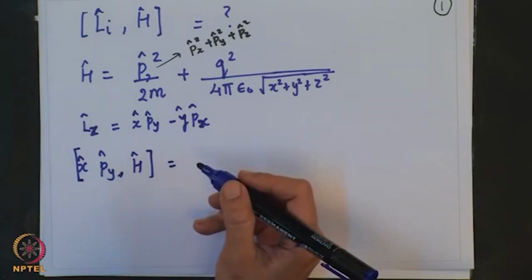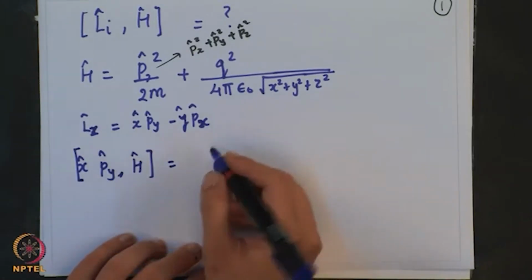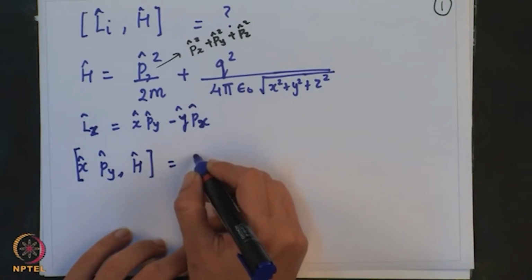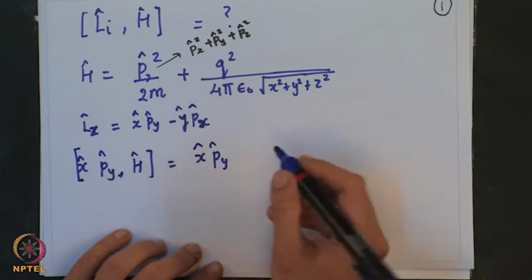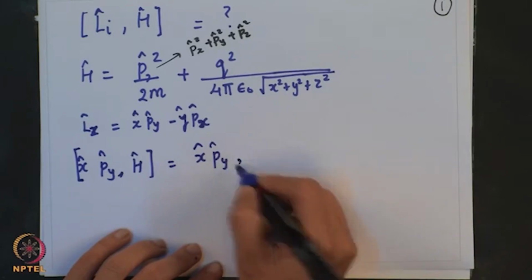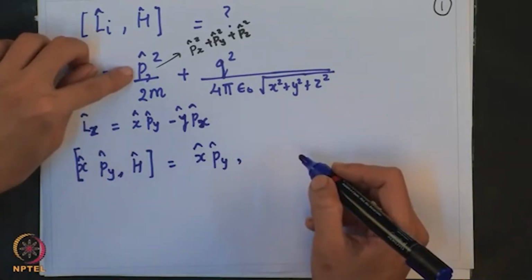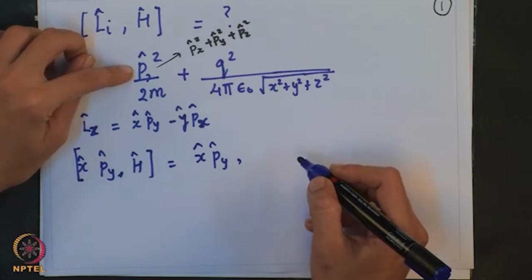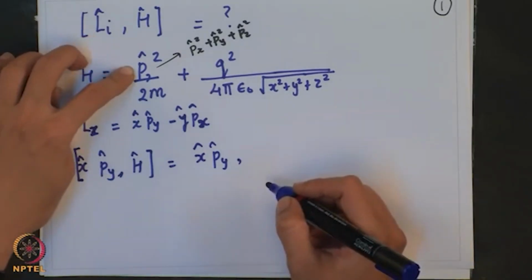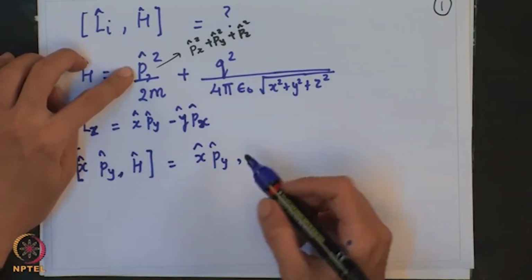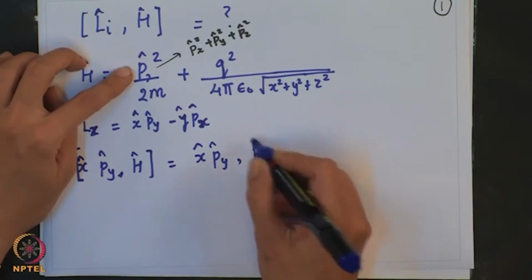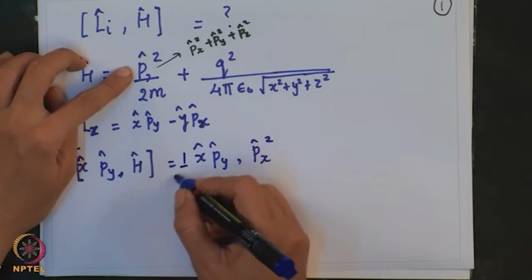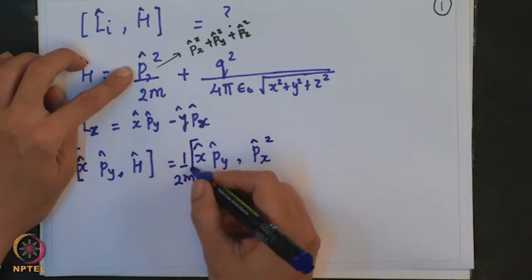This term would give us the commutator of x Py with the kinetic term, Px square plus Py square plus Pz square, okay. And we know from our previous experience that only the Px term contributes. So, I will write Px square, and 2 by m, I have it here.